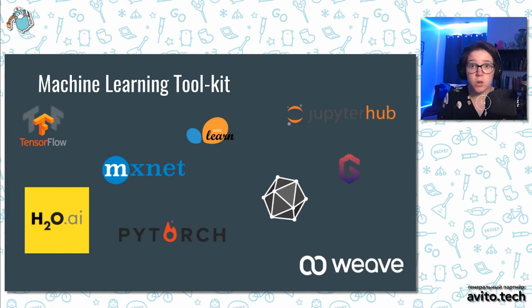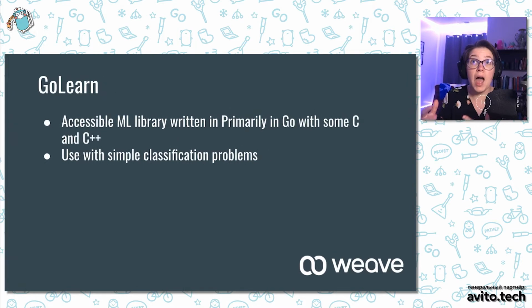So I'm just going to focus on one tool that I'm personally very familiar with. When you start playing with it, you're going to find that this tool might not be the best for you, but I really like GoLearn. I have made some contributions to it. It's basically an ML platform written in Go, with some C and C++ buried into the back end.